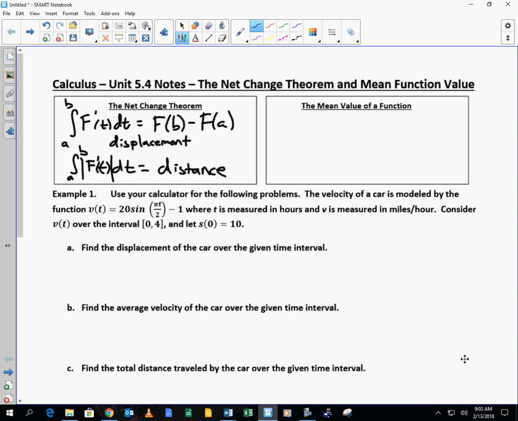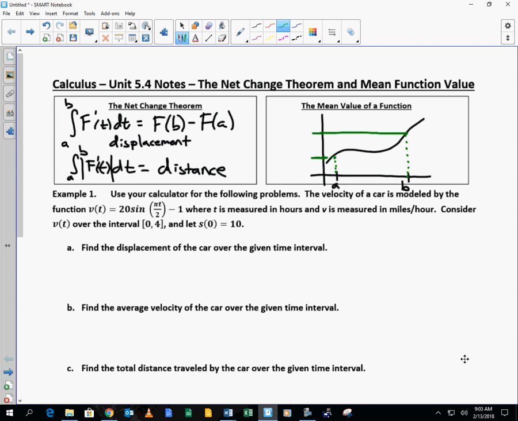There's one other piece here that's kind of cool that we want to know as well, and that's the mean value of a function. So if I have a function over an interval a to b, you can see it has a height there, and has a height there.